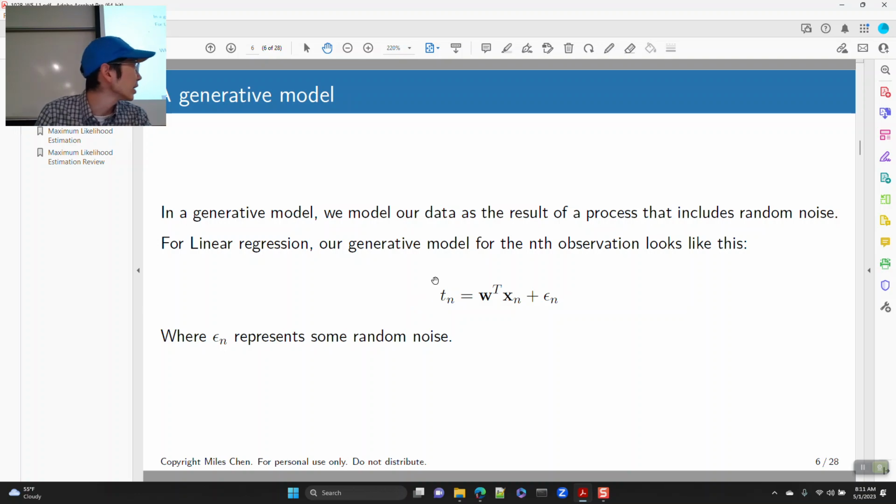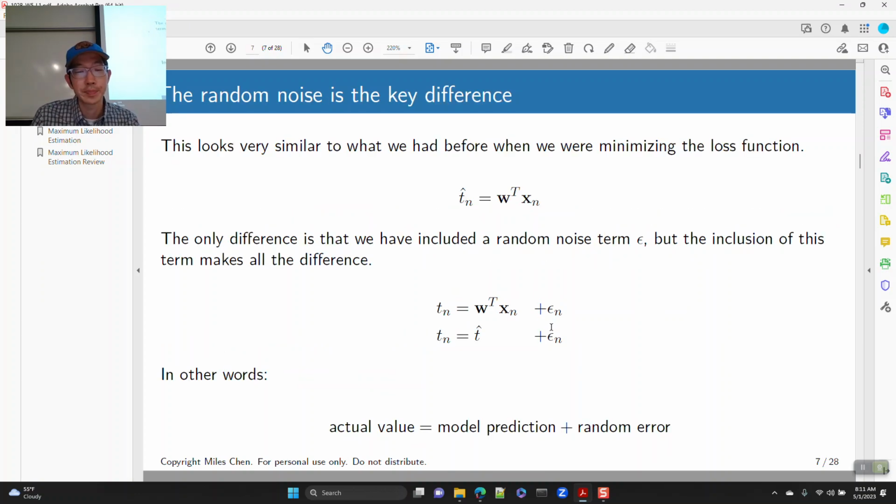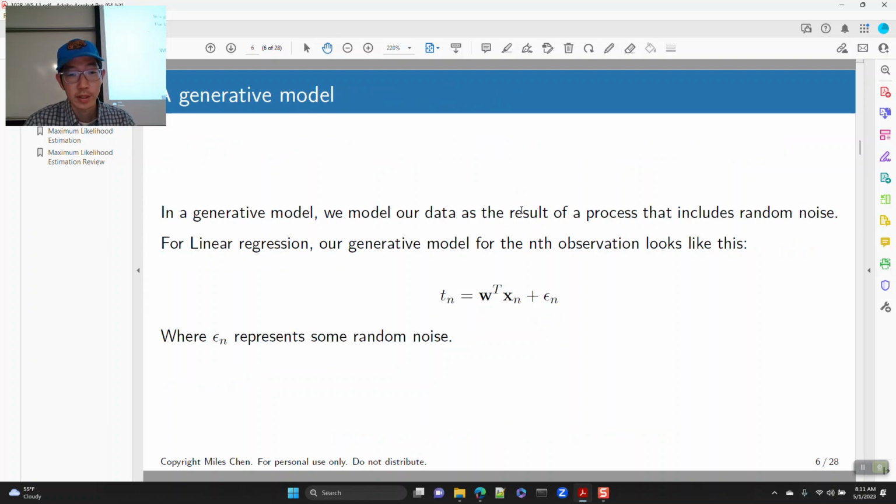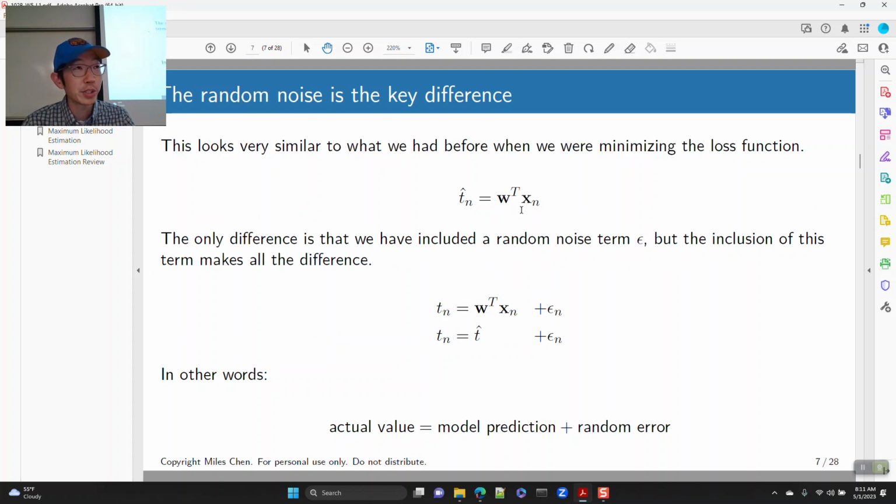So we say the actual values that we've recorded are the weights times our input values plus some random noise, and the equation that we're using looks similar to the linear regression model that we had when we were trying to minimize the loss function.